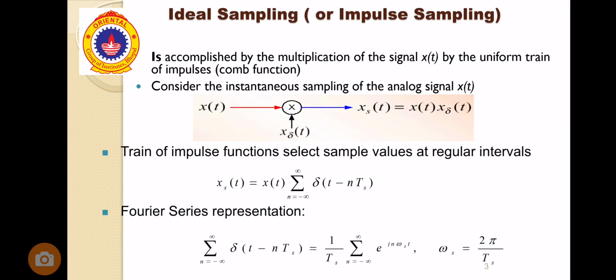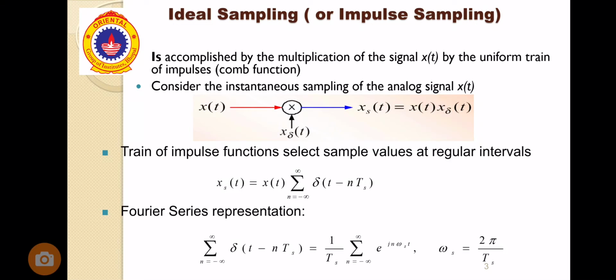The impulse function is repeating at a regular interval. So we can write xs(t) equals x(t) times the summation of n equals minus infinity to infinity of delta(t minus nTs).